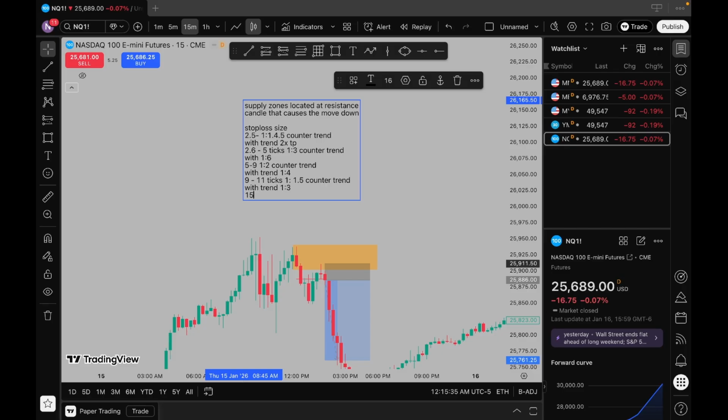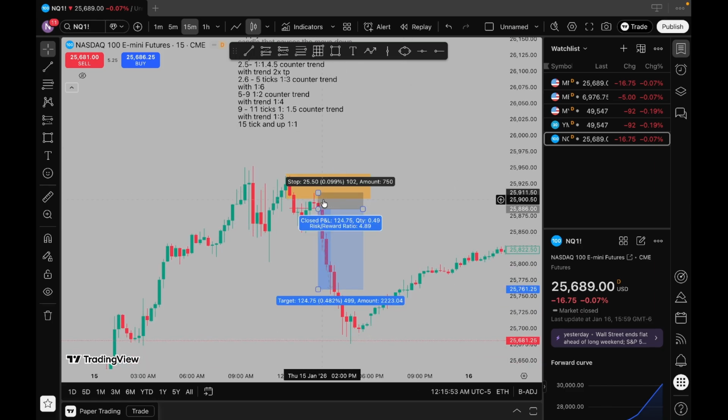And then 15 ticks and up, only a 1 to 1. Counter or with trend, only a 1 to 1.